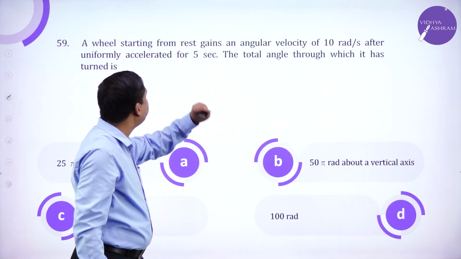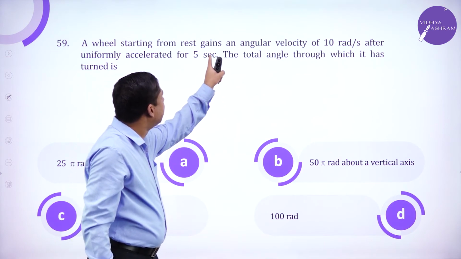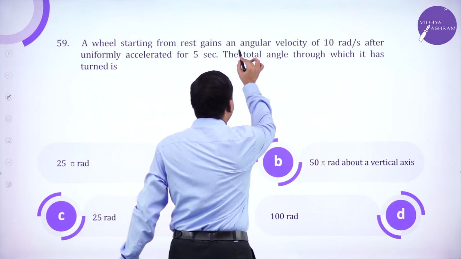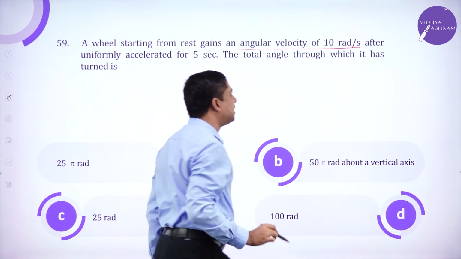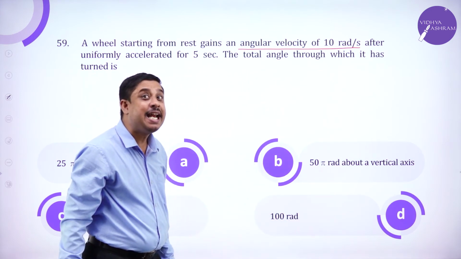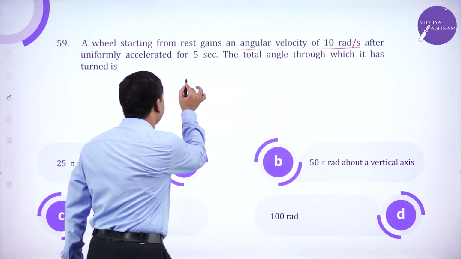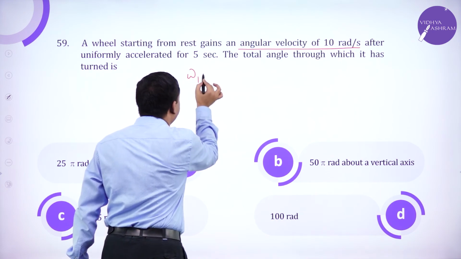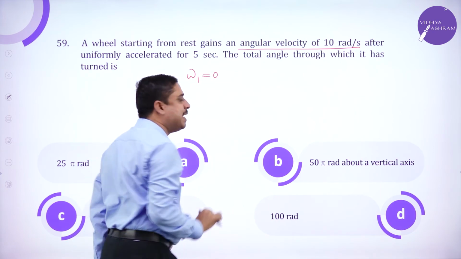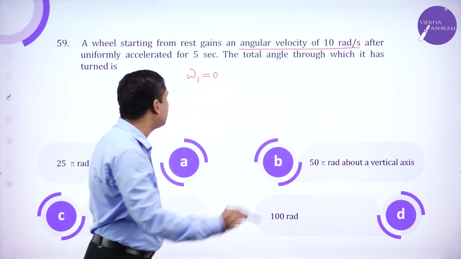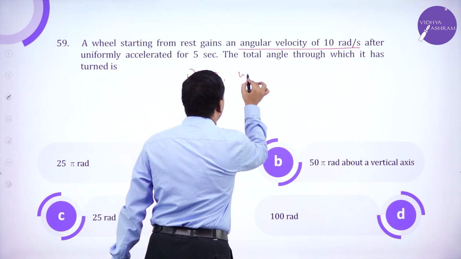A wheel starting from rest gains an angular velocity of 10 radian per second. Starting from rest, omega 1 is 0, the initial angular velocity.